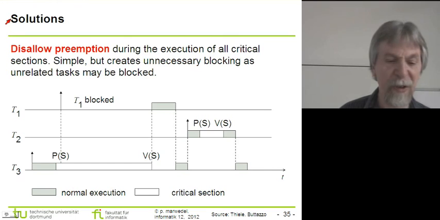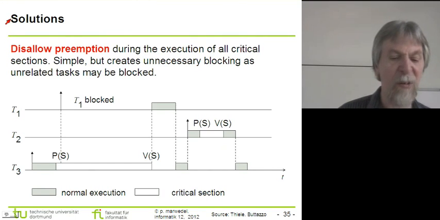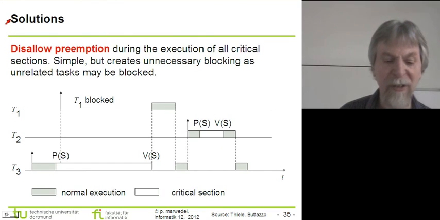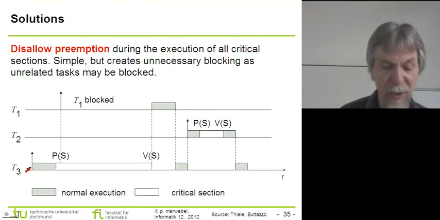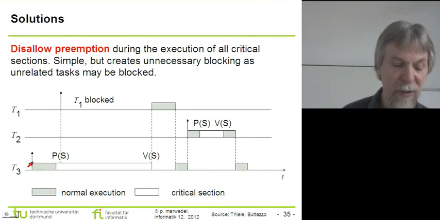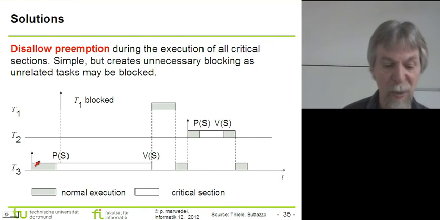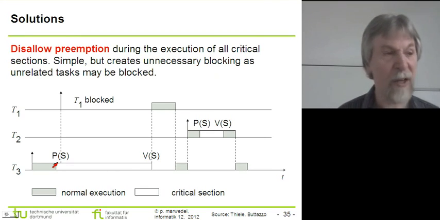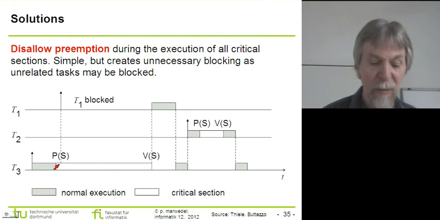Well, the first solution would be to disallow preemption while we are executing critical sections. So that is shown over here. We could have a situation where initially we are executing T3 in a normal way. Then T3 would be executing a critical section, but soon after T3 entered the critical section, T1 would become available.